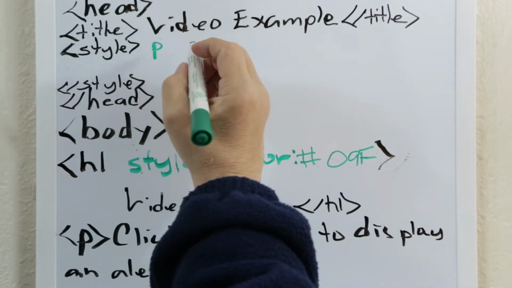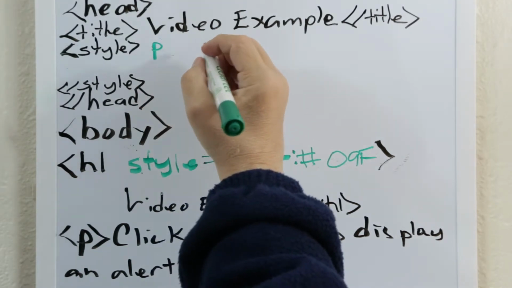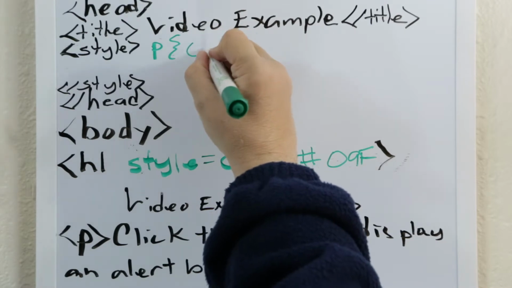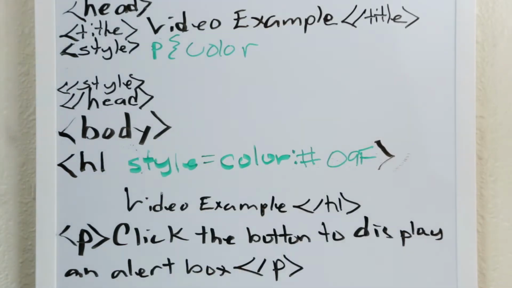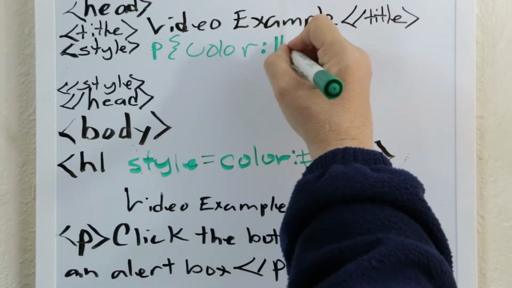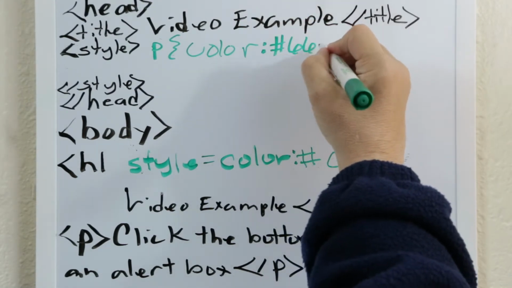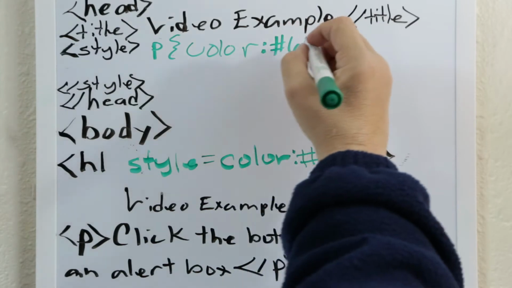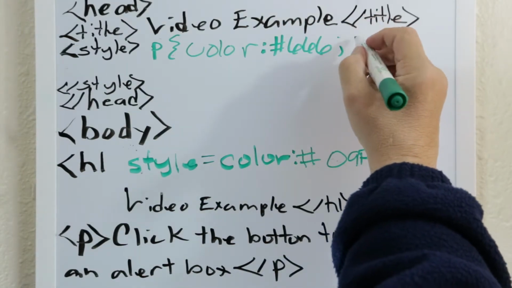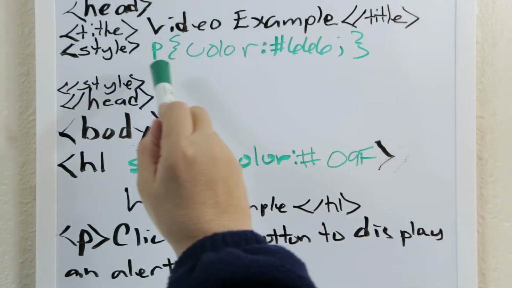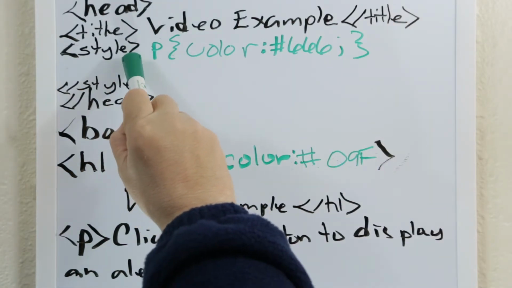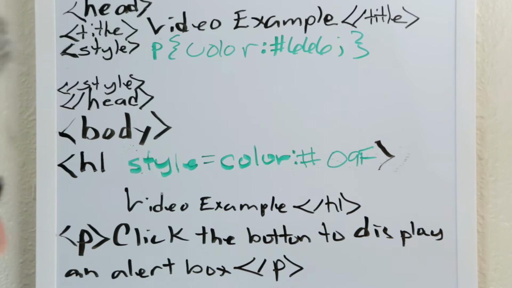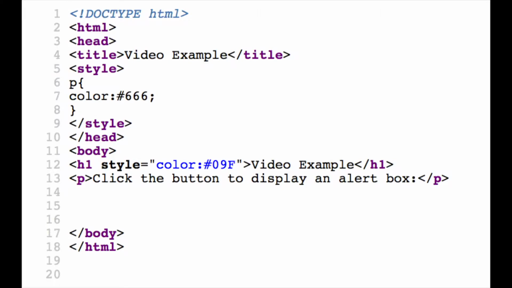P, for paragraph. We use this curly bracket. I'm going to say color colon pound 666 and add a semicolon, and I'm going to close it here with the curly bracket. When I add this style here to the head, it'll turn all the paragraph tags this color 666, which is a gray color.